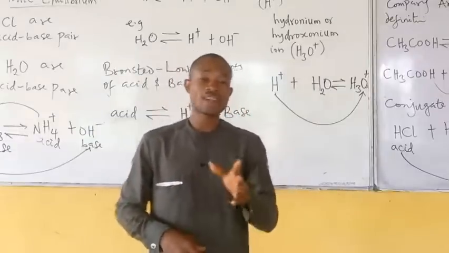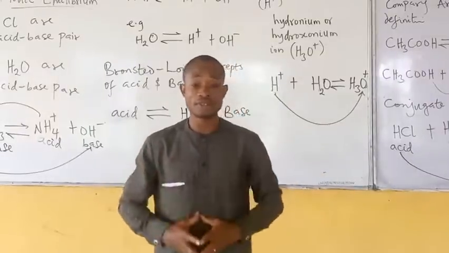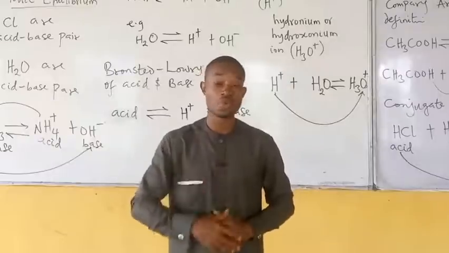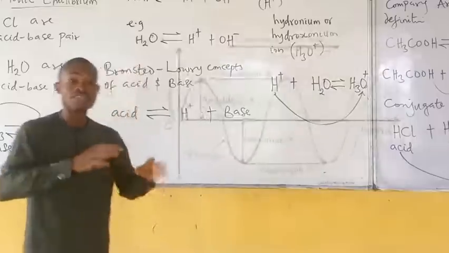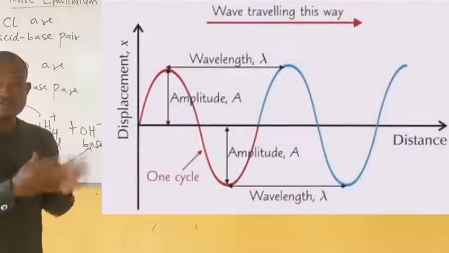Alright, so I'll quickly define these terms and then you're going to get to know about the formulas for these terms that are used to describe wave motion. Before then, I'd like you to please take a look at what our progressive wave looks like.